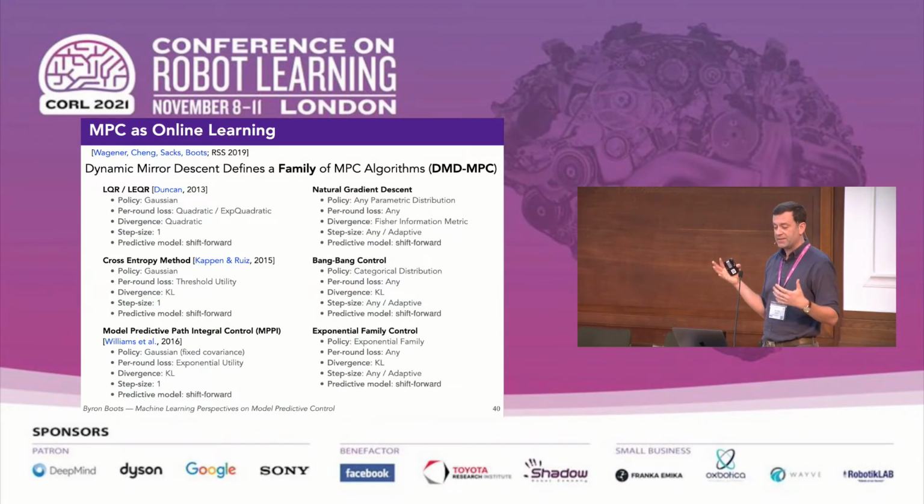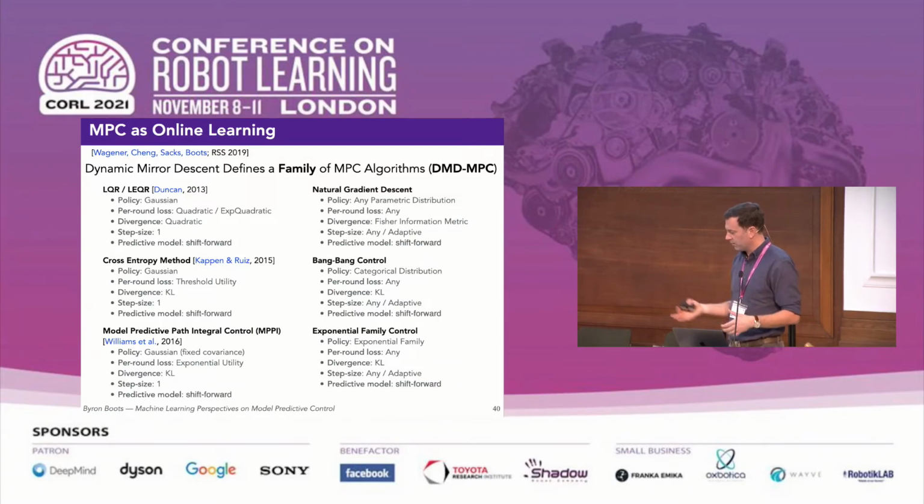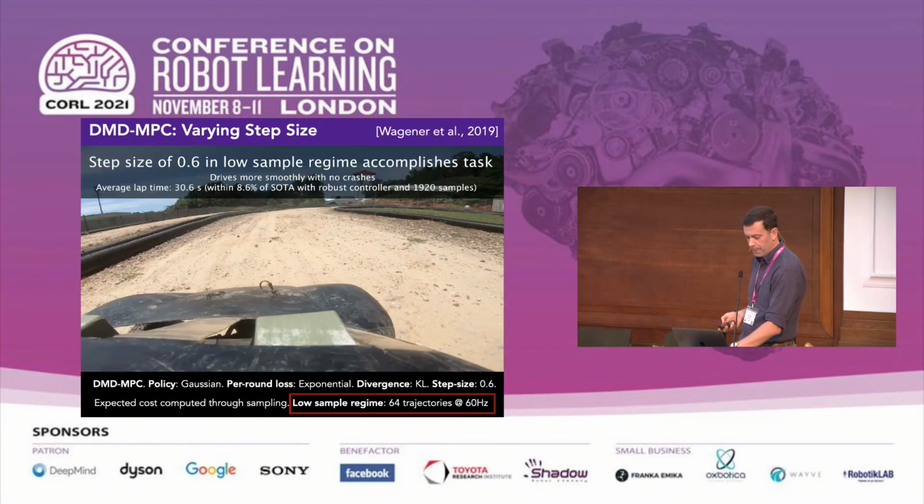The perspective also provides a very prescriptive approach to model predictive control design. We can easily generate new algorithms that make sense for a particular application by just using different choices for our underlying policy or our per round loss, the divergence, and so on. Okay.